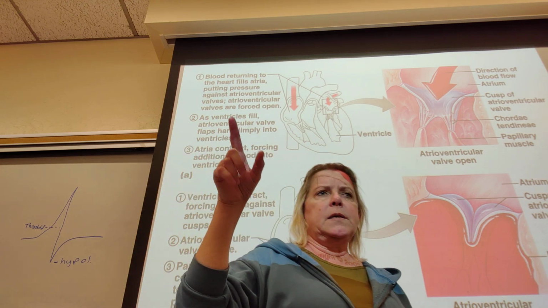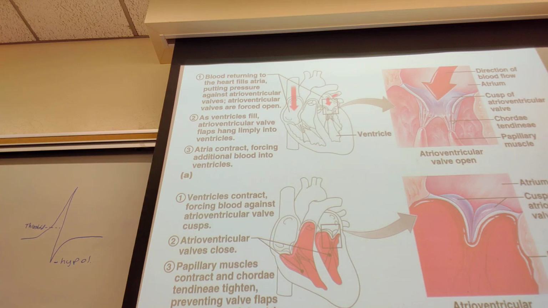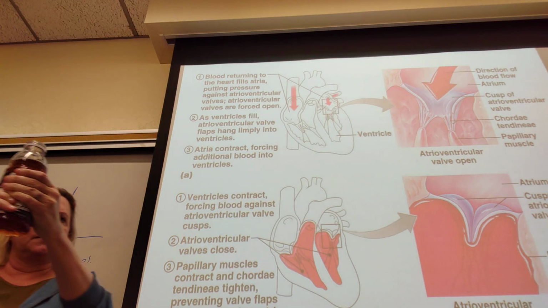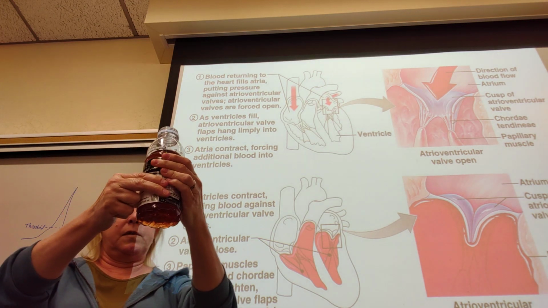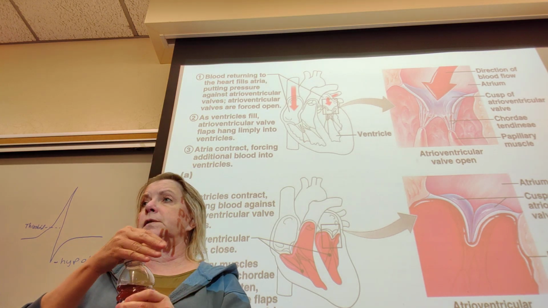So Alyssa and Princess Jasmine and me, we have water bottles that we can squeeze on. Okay? When the ventricles contract, the blood rises superiorly. Can you see that? When the ventricles contract, the blood rises superiorly.